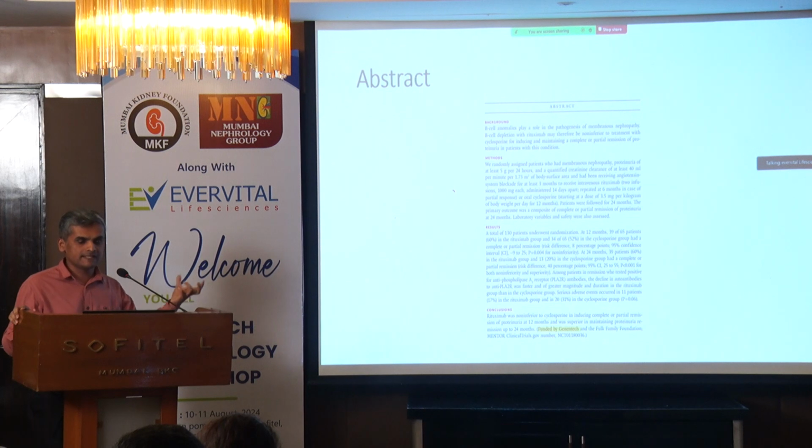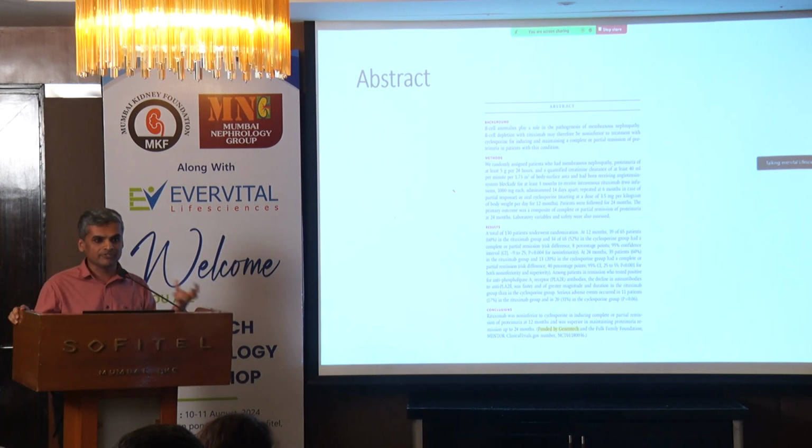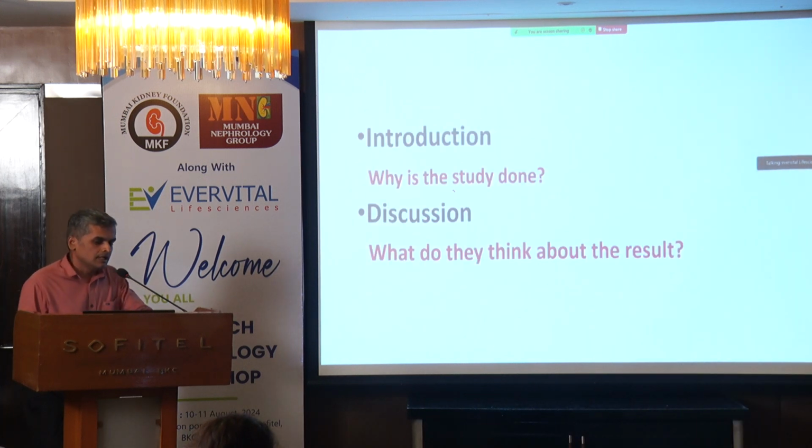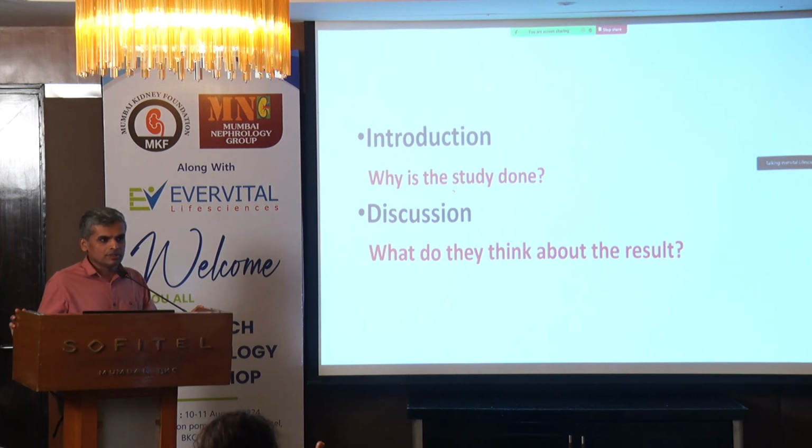There is this risk, this benefit, this reduction. If somebody asks what the chance of this treatment working is, that is another instance when we can refer to the abstract quickly to find out the numbers. Now these two probably are the least important parts of the paper, because the introduction we generally will not read, as we know the reason that this study is done.